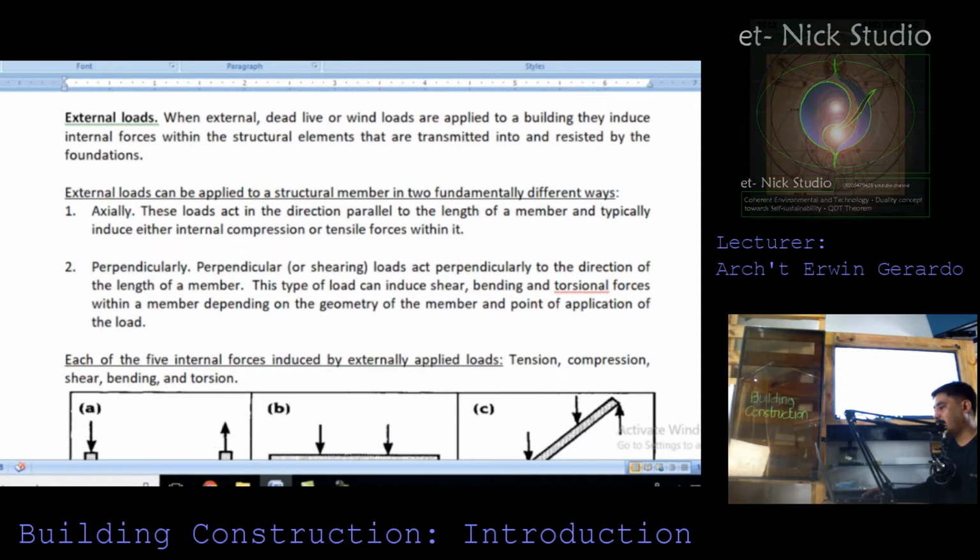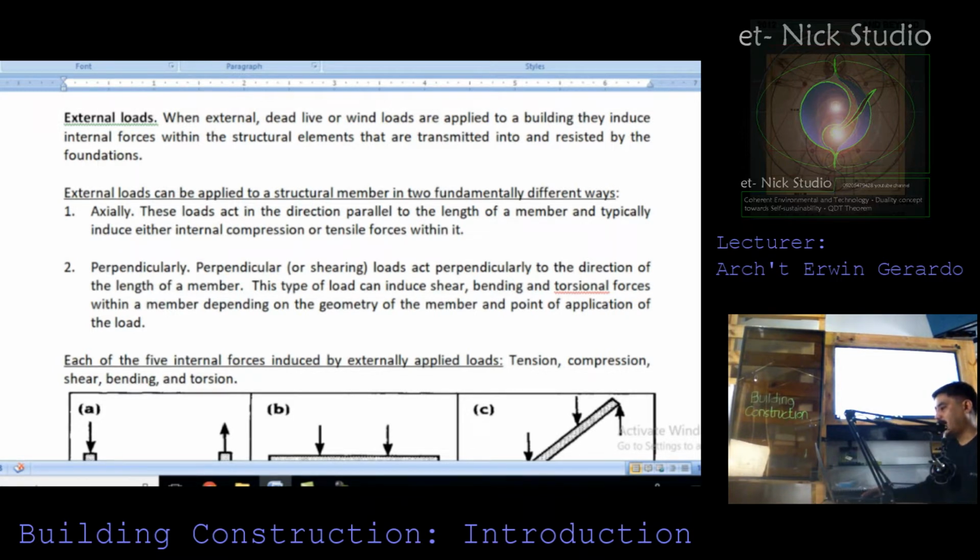External loads: when external loads such as dead load or wind load are applied to a building, they induce internal forces within the structural elements that are transmitted into and resisted by the foundation.